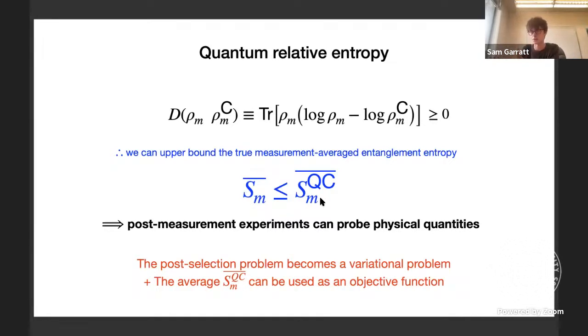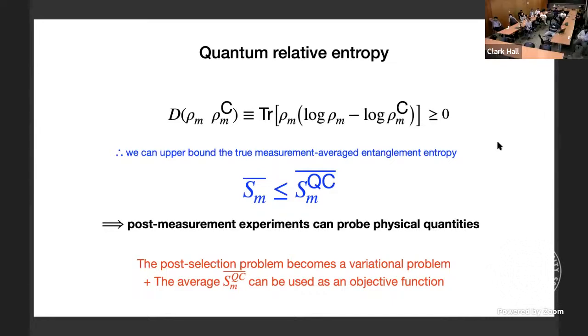These measurement outcomes define some projection operators that I should apply to the classical representation of my state. So I'm able to simulate the effects of the measurement on my classical representation of the state, and then determine the classical estimate for the post-measurement density matrix. So the perfect simulation really means rho Cm equals rho m.